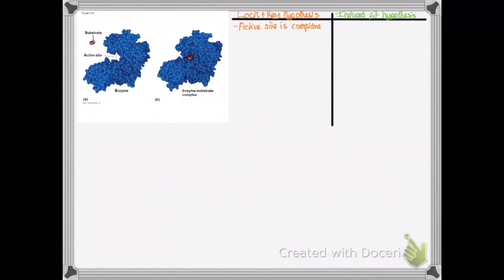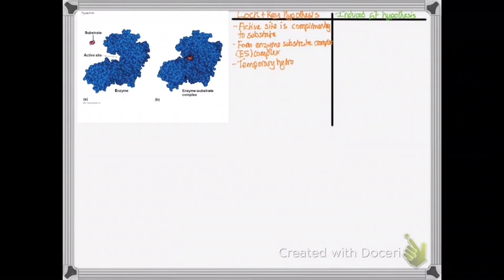Temporary hydrogen bonds hold the enzyme and substrate together, forming an enzyme-substrate complex, and we'll just put ES complex, or ESC, from now on. The substrate molecule is broken into smaller product molecules that leave the active site. Or two smaller substrates in an enzyme-substrate complex form bonds between each other, creating an enzyme-product complex.